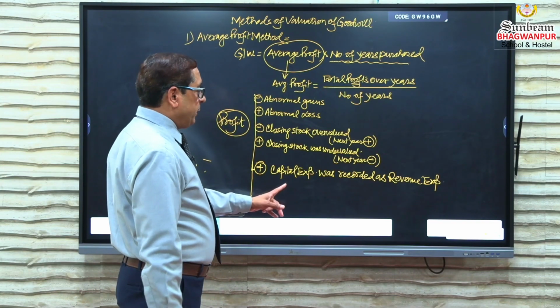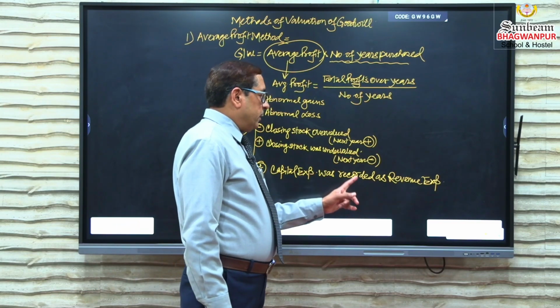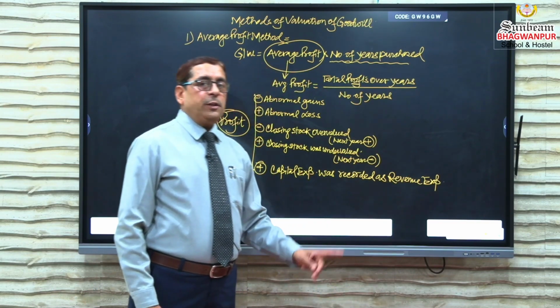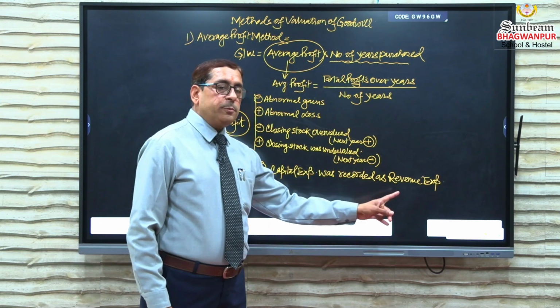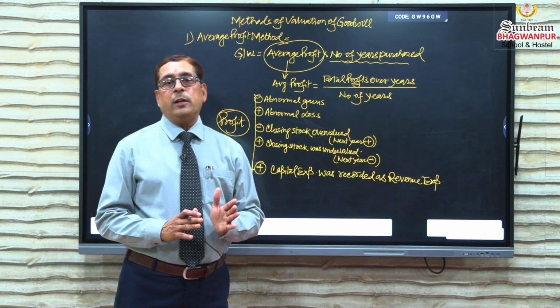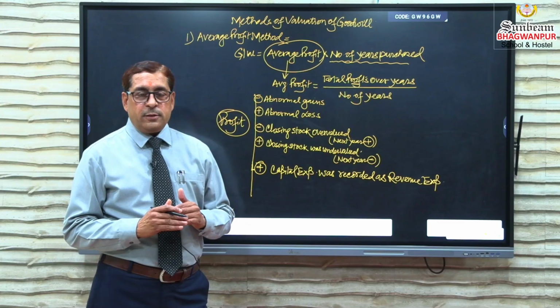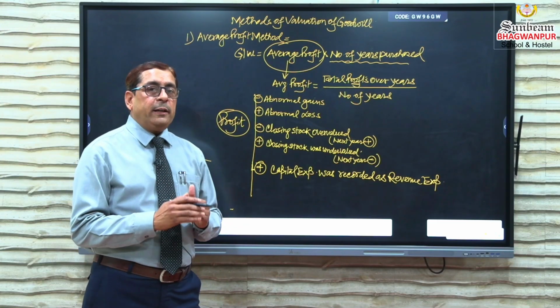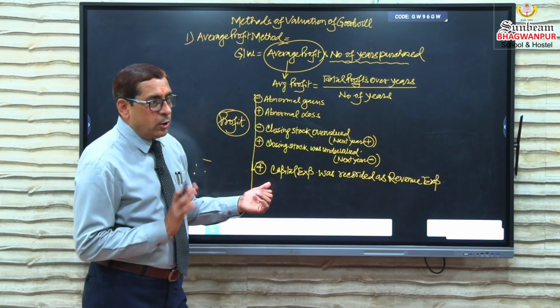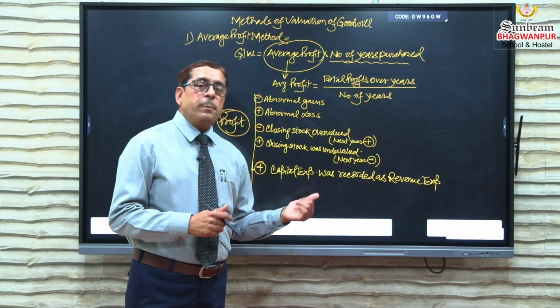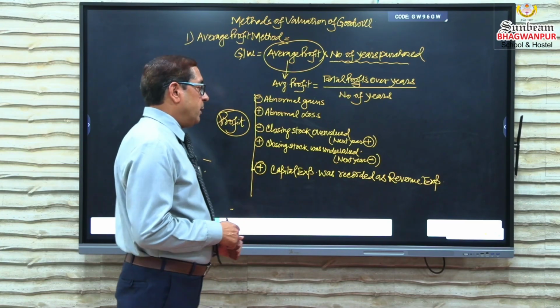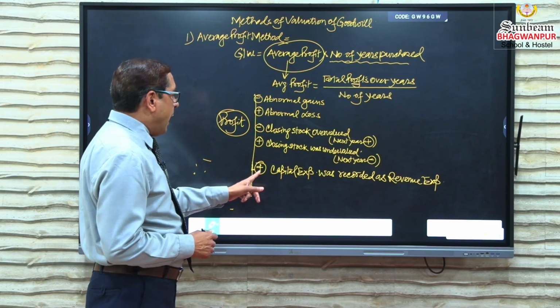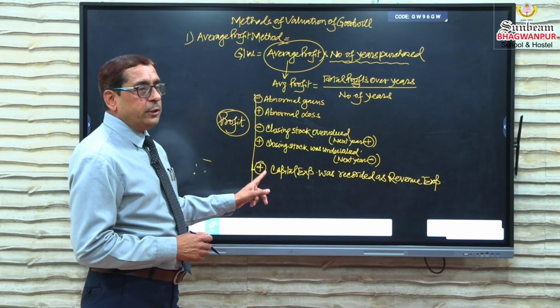If capital expenditure is recorded as revenue expenditure, the profit of that particular year will decrease. So to make it a correct profit for the purpose of valuation of goodwill, we have to add that amount in the profit.